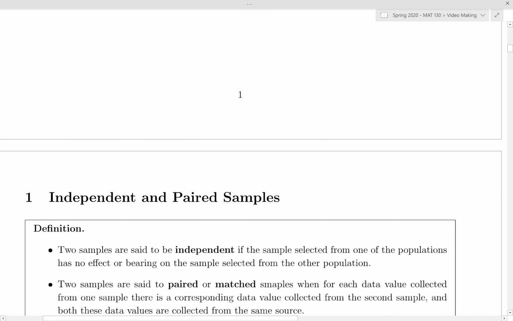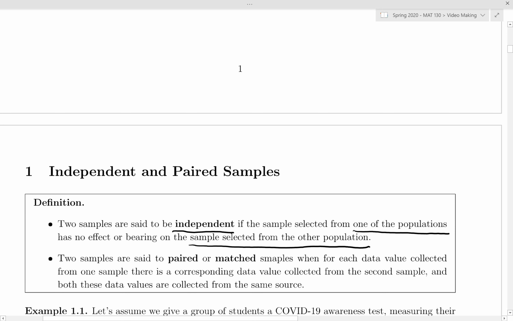Here's the definition. We say two samples are independent if the sample selected from one of the populations has no effect or bearing on the sample selected from the other population. This should sound somewhat familiar; we've talked about the notion of independence. Next, we say two samples are paired or matched when, for each data value collected from one sample, there's a corresponding data value collected from the second sample.